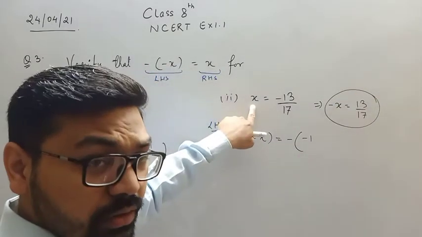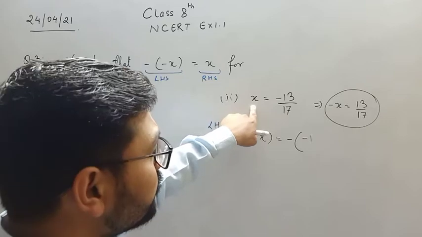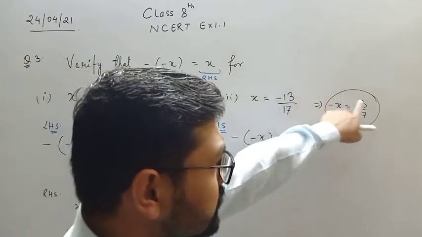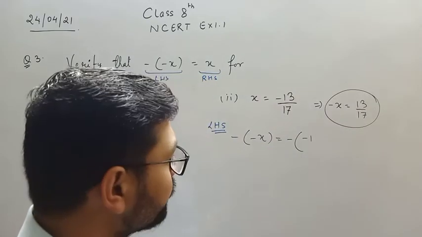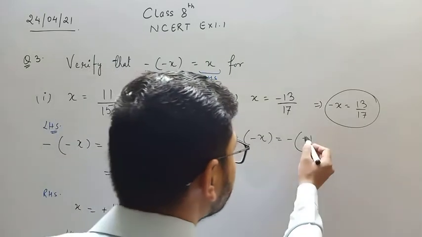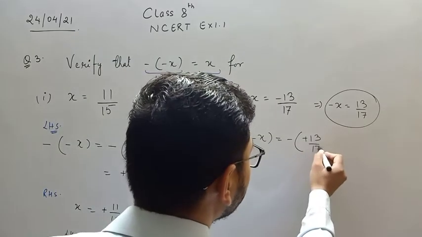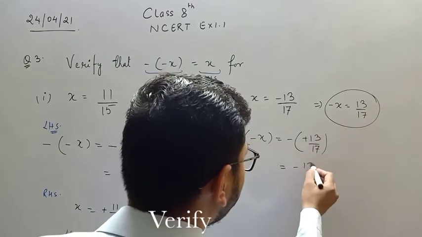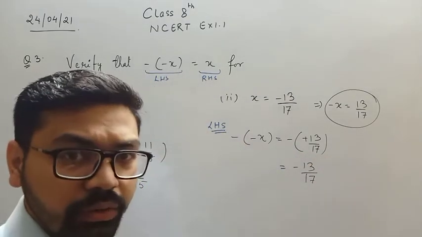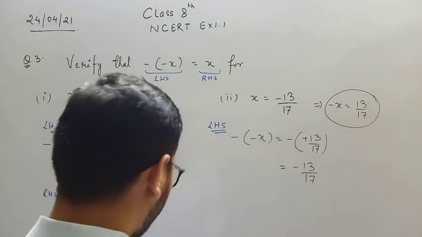X is given to me, minus 13 upon 17. So I can write minus x is equals to 13 upon 17, right? So minus of minus x. Now minus x is equals to plus 13 upon 17. Any doubt in this? Okay.